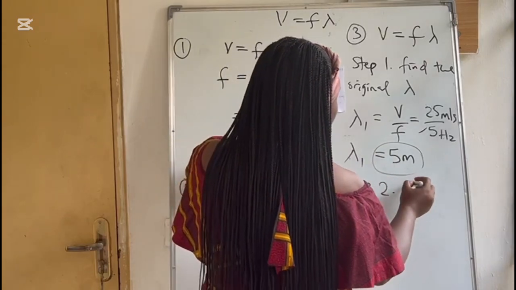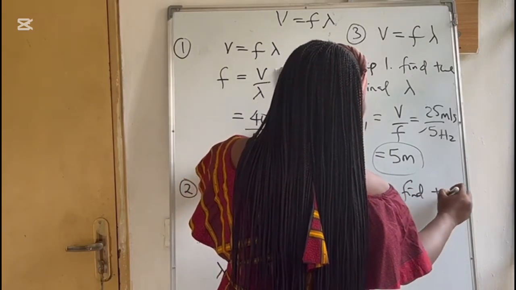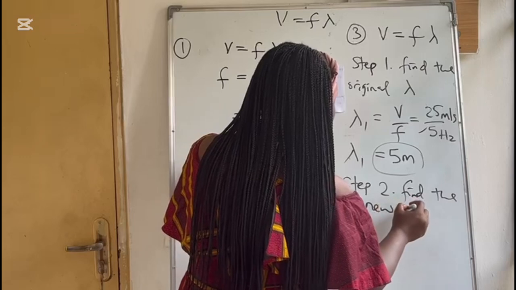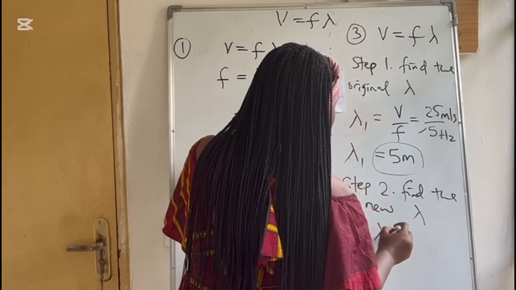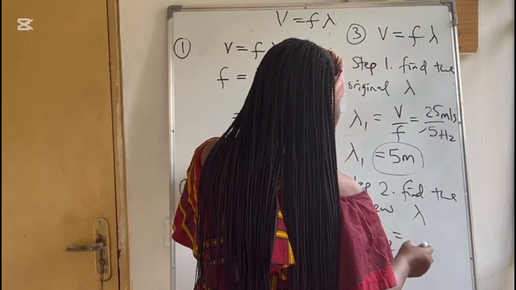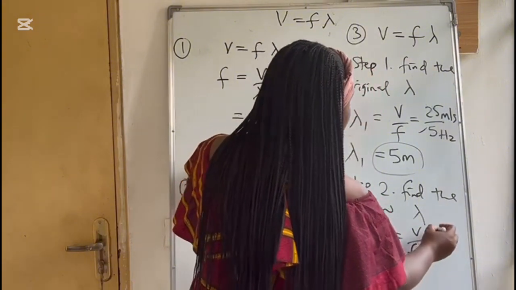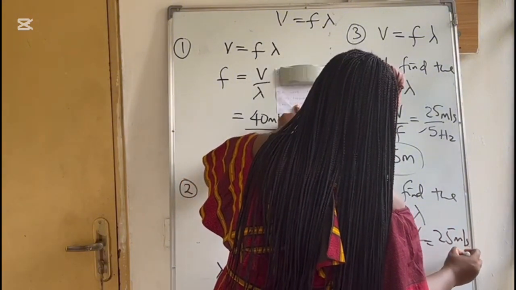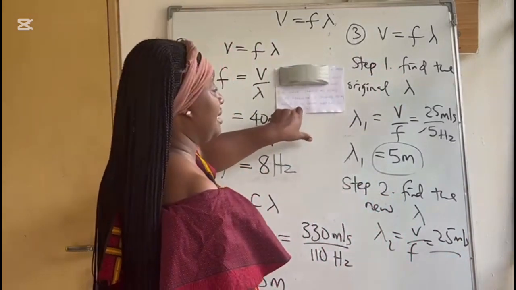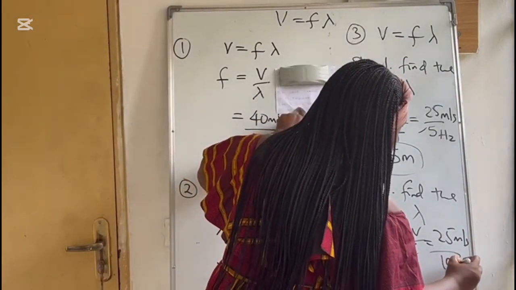Step 2, we are going to find the new wavelength. And wavelength number 2 becomes what? V divided by frequency. What is V? 25 meters per second. And what is the second frequency? It is 10 hertz.